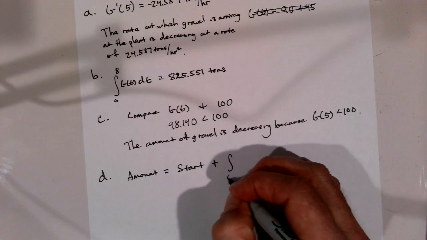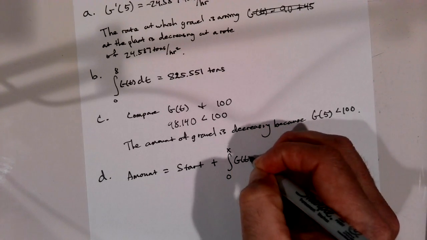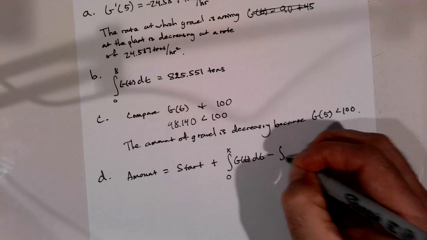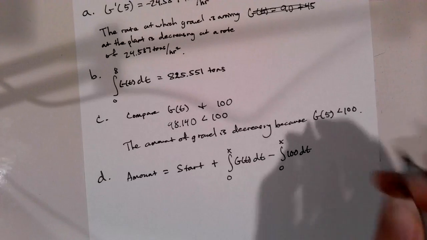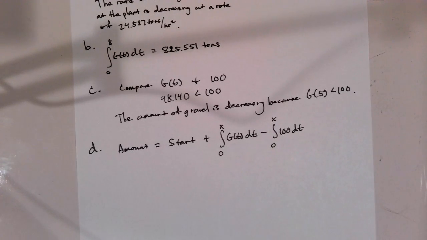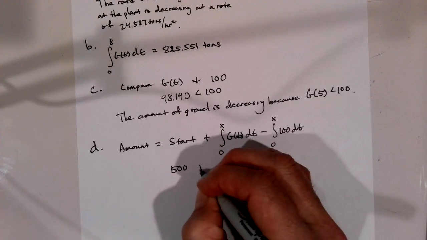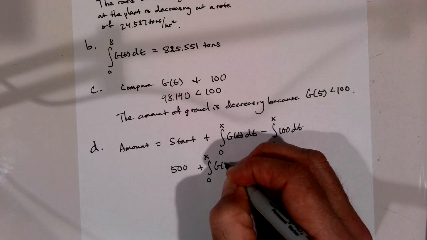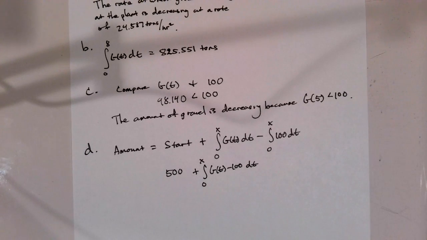Whatever arrives is the integral from 0 to time equals x of G of t dt, minus the amount that leaves. And the rate at which stuff leaves is 100 dt. So it starts at 500, plus the integral from 0 to x of G of t minus 100 dt. We'll combine those two together.